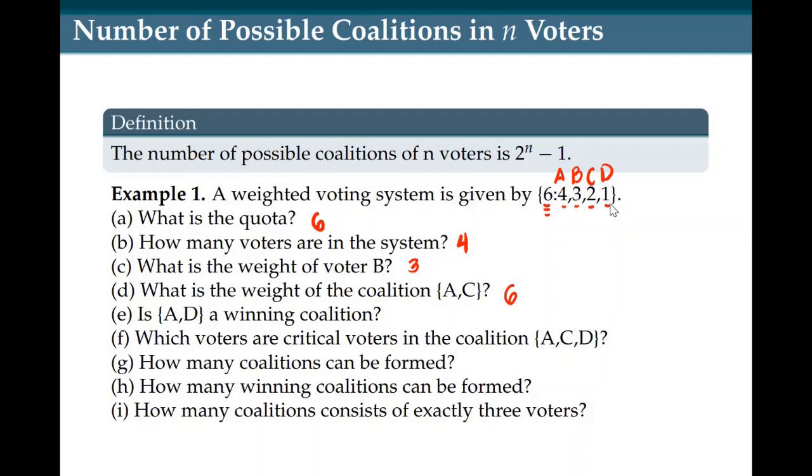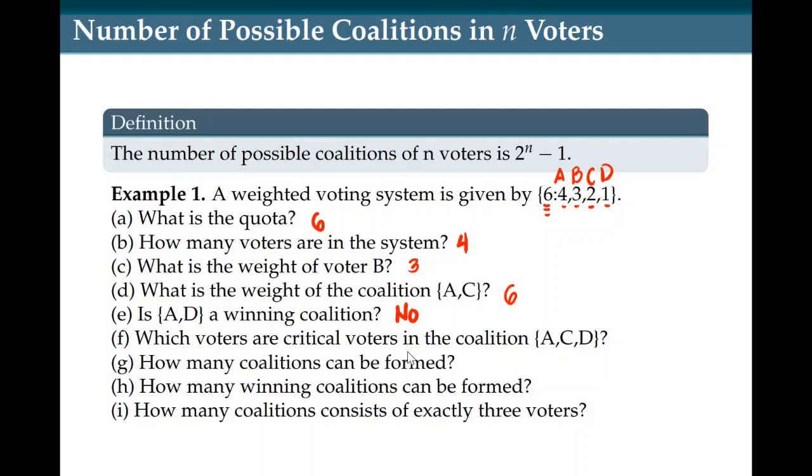So 4 plus 1, that is equal to 5, and that is less than the quota. So the coalition AD is not a winning coalition. So the answer is no.